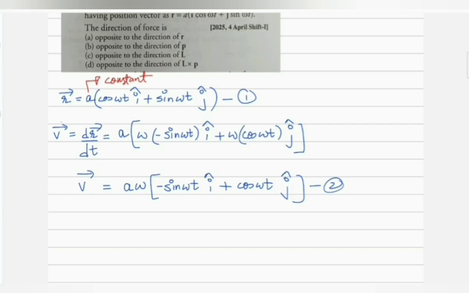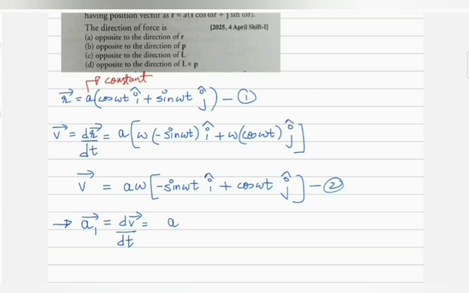Now using velocity, how can I find out acceleration, students? I have to write a1 vector, because the a given in equation number 1 is not acceleration. So I am purposely using some other denotation for acceleration, that is a1 vector. Acceleration a1 vector will be rate of change of velocity with respect to time, that is dv by dt.